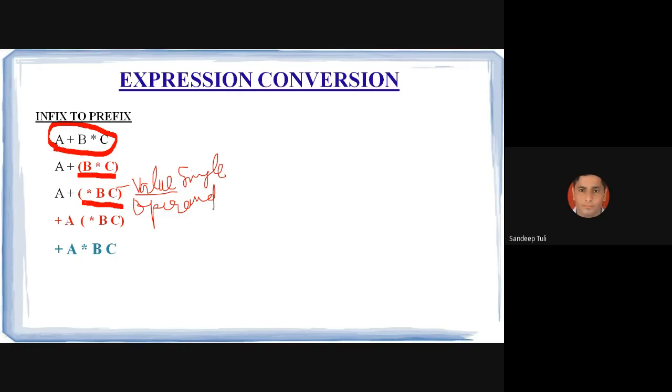What I am saying is it has been done. I will come on to the numerical example also. So this will be actually a single operand, a single value. Now the expression is nothing but A plus X, where X is asterisk BC, multiply BC. Is it okay?